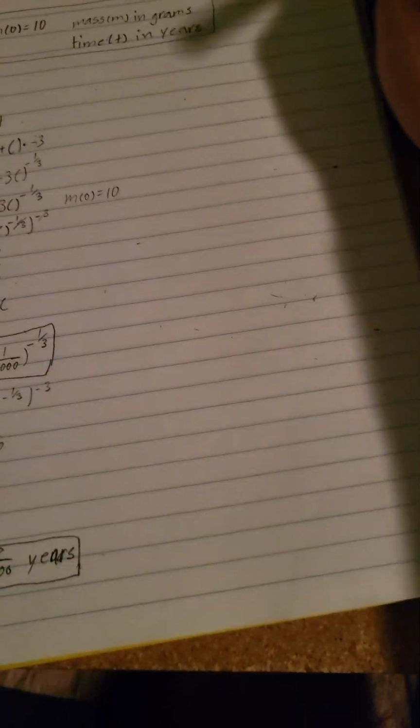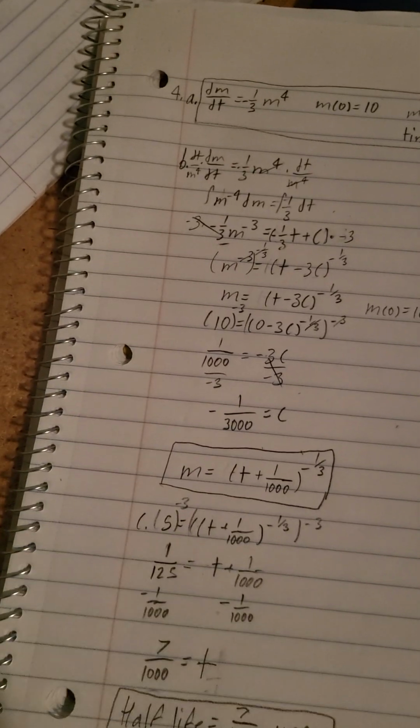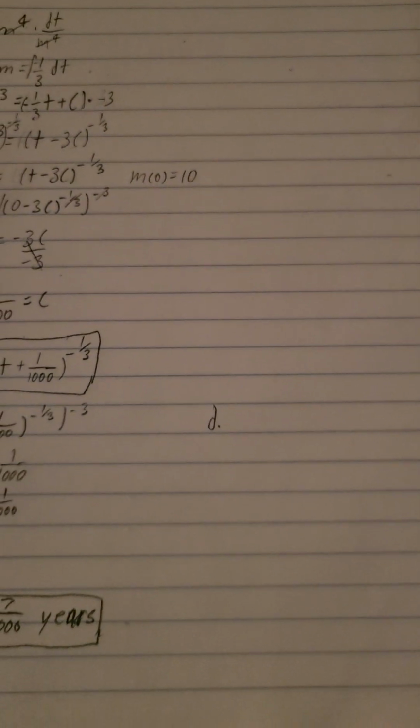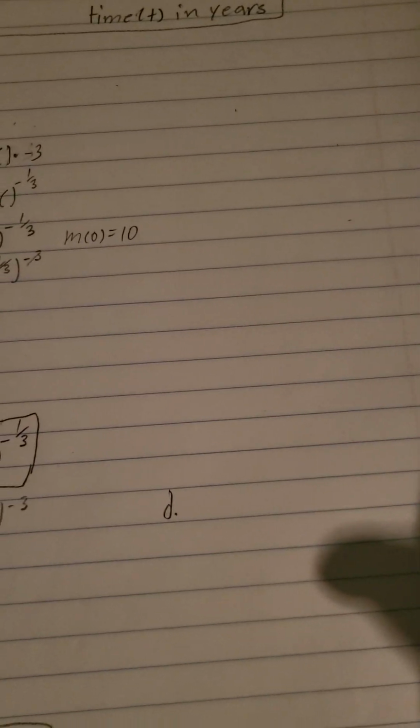And so now we can keep going. And D says how long until there's only 1.5 grams left. So 1.5 is the mass. It's equal to t plus 1 over 1,000 to the negative third power.